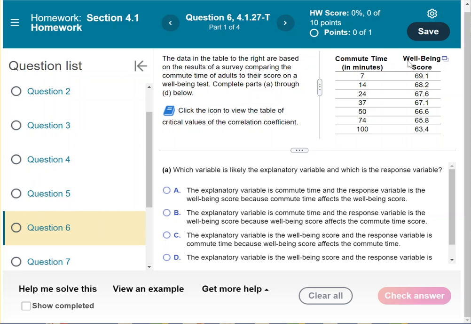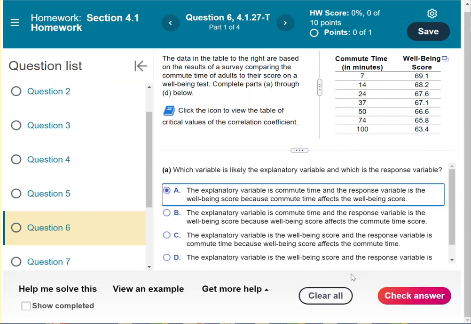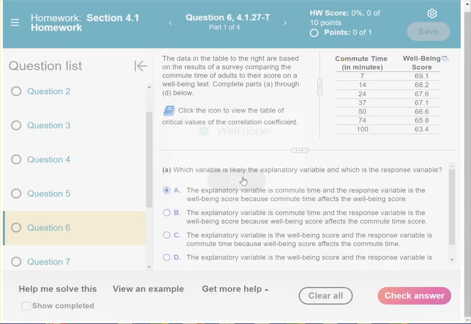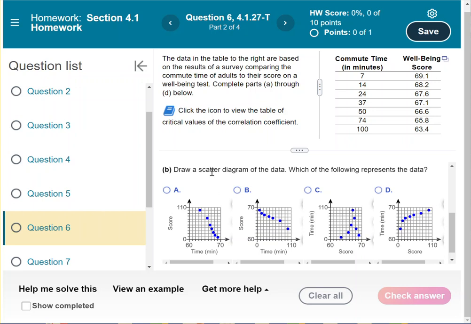Versus well-being, I don't think that's going to affect my commute time. So the explanatory variable is commute time and the response variable is the well-being score, because commute times affect the well-being score. Sounds good to me. Let's go on to the next one.